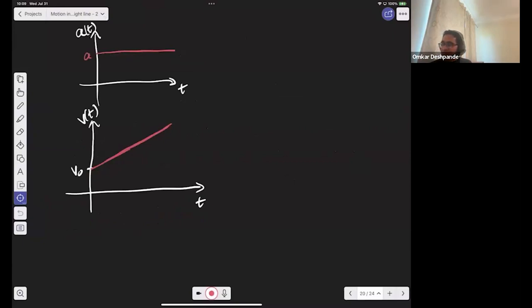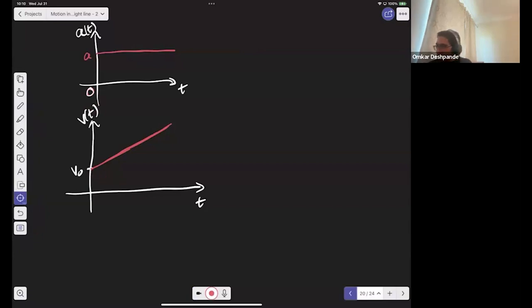Okay, so this a is nothing but the slope of this line. And it's positive, a is positive here, so I've shown it as a positive slope. If a was negative here, it would be a constant horizontal line below the origin. And in that case, my slope would have been negative. Okay.